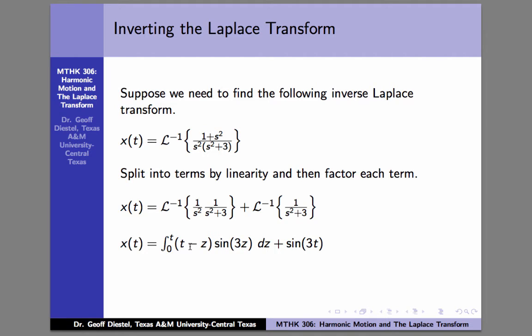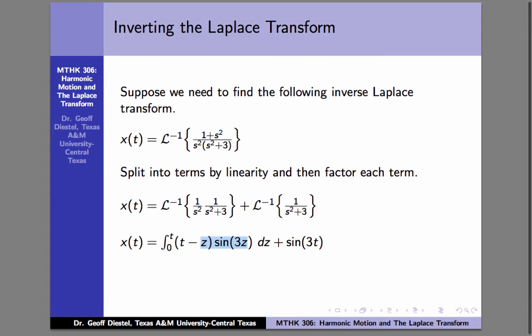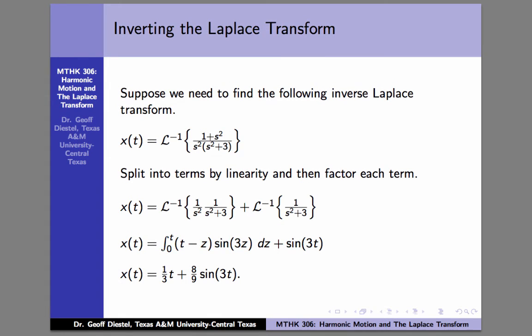Now this is two integrals split by a minus sign. t is a fixed number. So the first integral is just computing an integral of sine of 3z. That's easy. The second integral is computing z sine of 3z with a minus sign in front. You can do that with integration by parts. I'm not going to go through all those details, but you do that, and in the end, what you end up with is this.